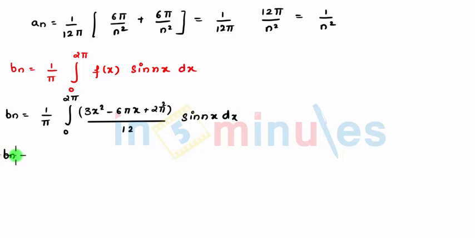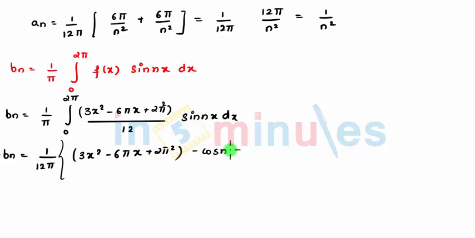So I do Bn is equal to 1 divided by 12 pi, and here let's do integration u into v. So I say 3x square minus 6 pi x plus 2 pi square, and this multiplies to integration of sine, that is minus of cos nx divided by n.